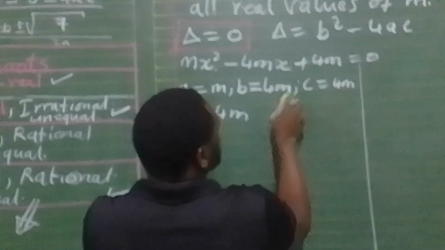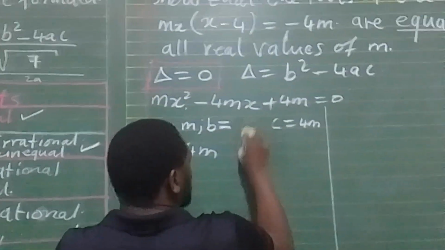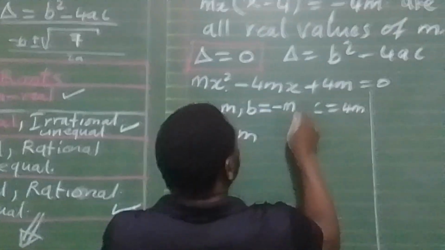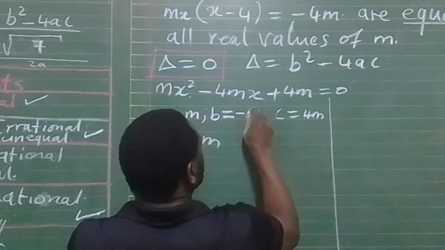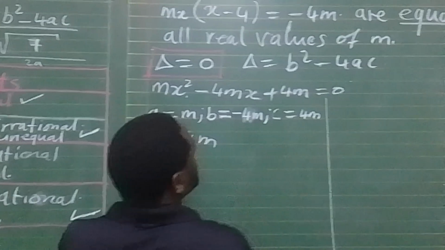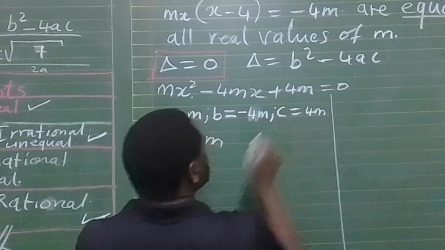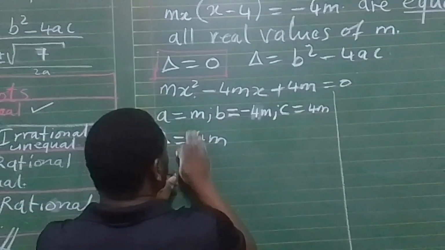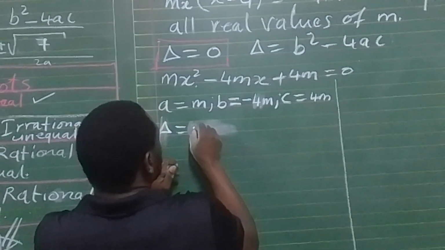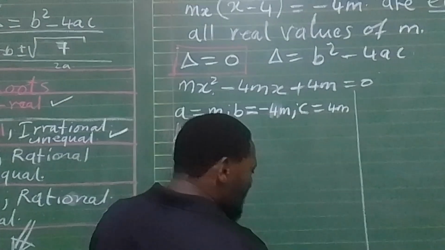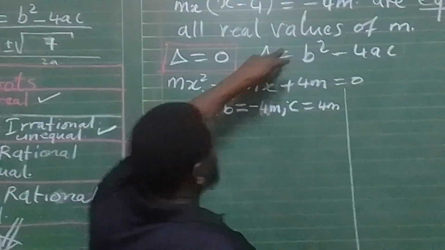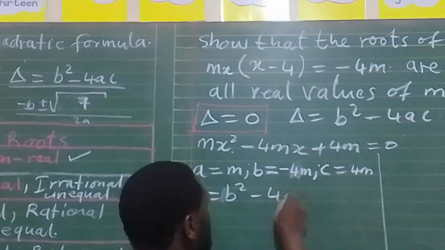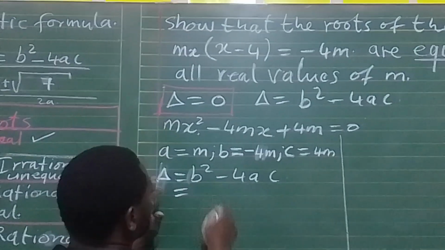Such mistakes should be avoided when you're doing mathematics. Your b is minus 4m. Right? Must I write the discriminant equation? You know it, but let's go and write it. b squared minus 4ac. This is what I wanted to take it from.